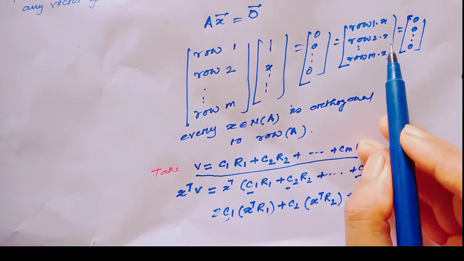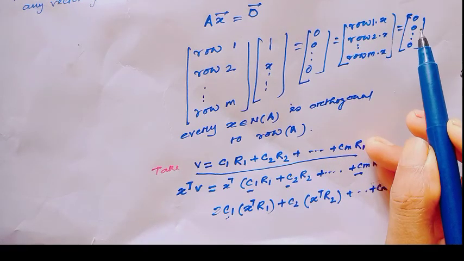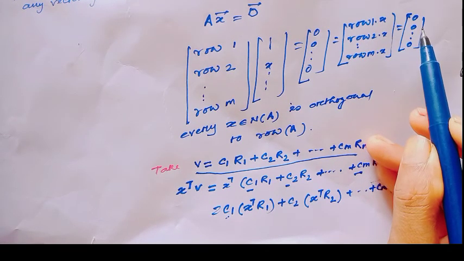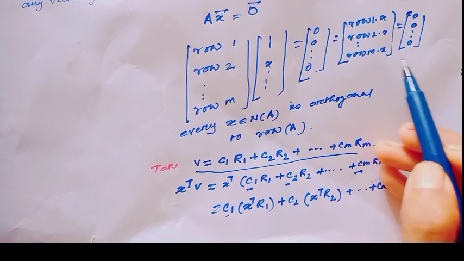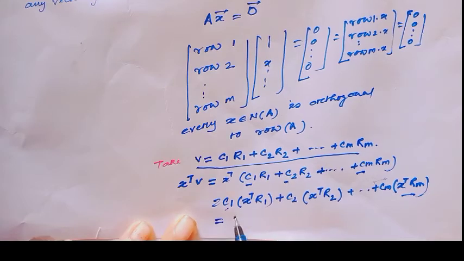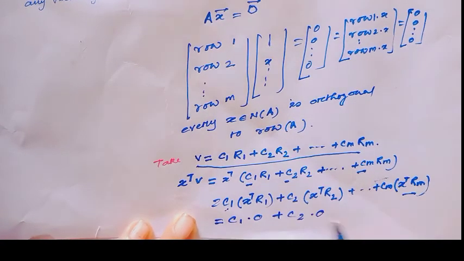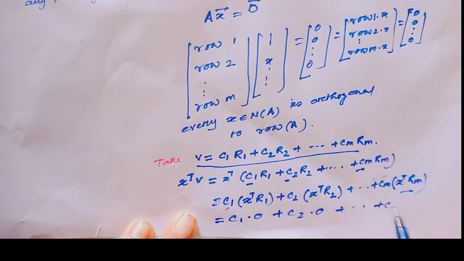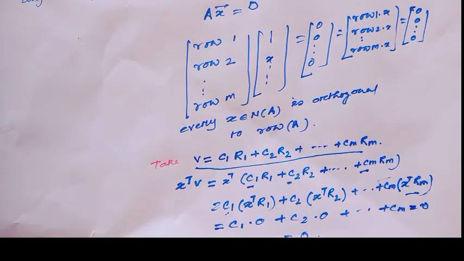And notice, since row 1 dotted with x vector is 0, also row 2 dotted with x vector is 0, similarly row m dotted with x vector is 0. That means this is equal to c1 times 0 plus c2 times 0 plus up to cm times 0. And this is actually equal to 0.